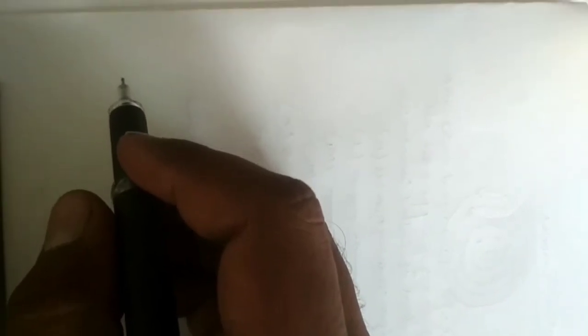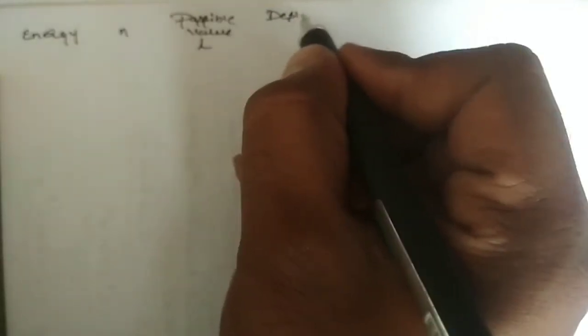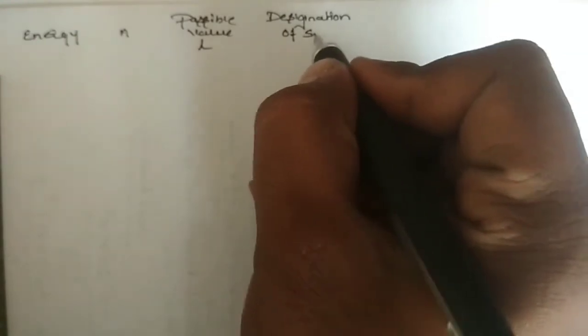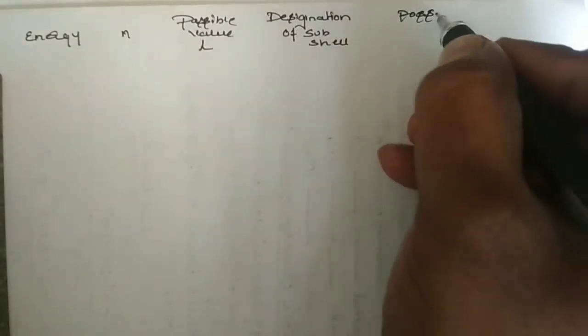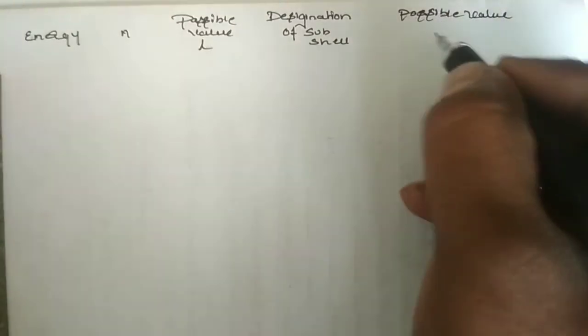First we will write the energy level n, the possible value of l, then the designation of subshell, and the possible value of ml.